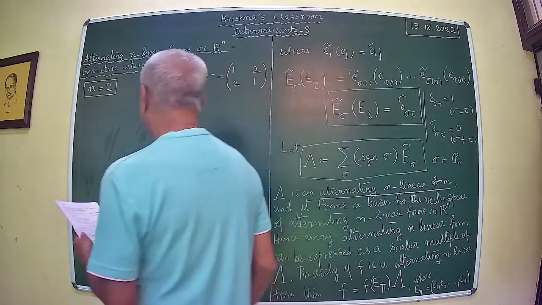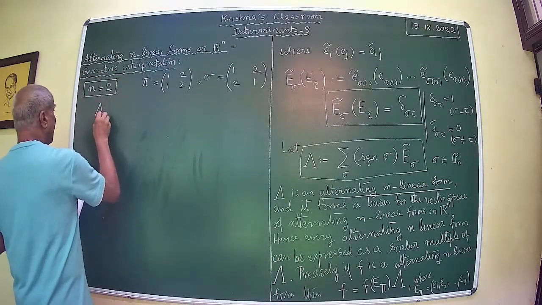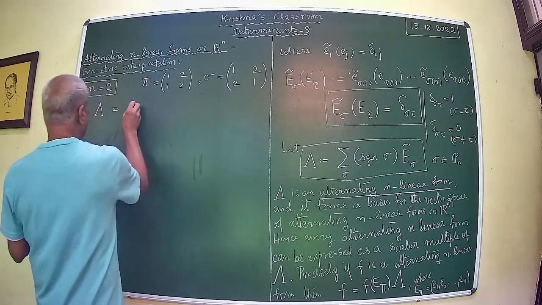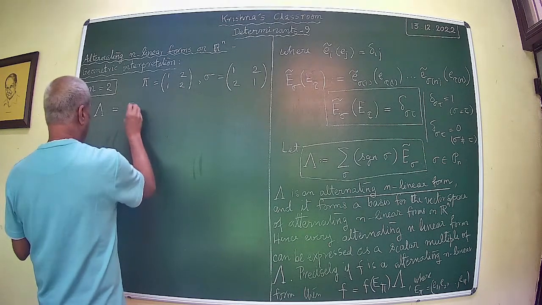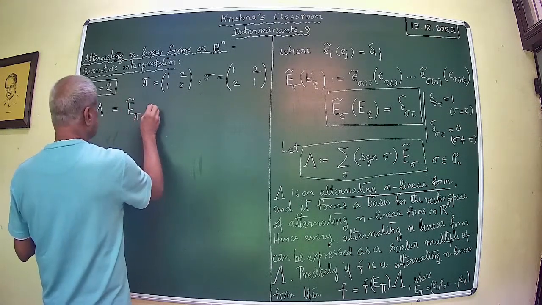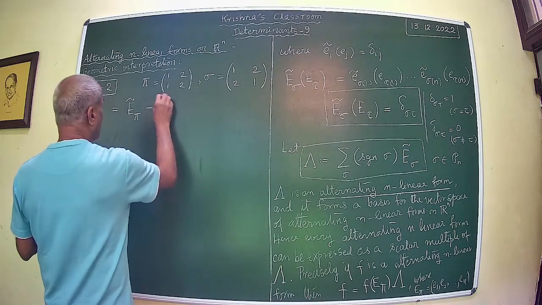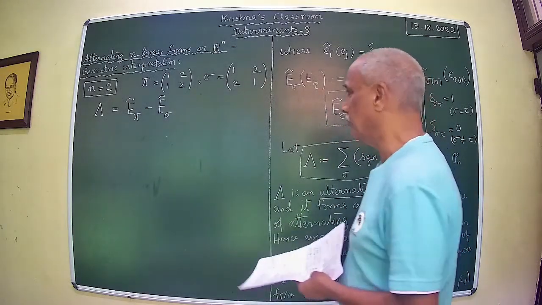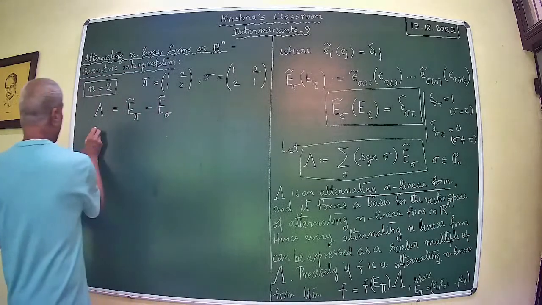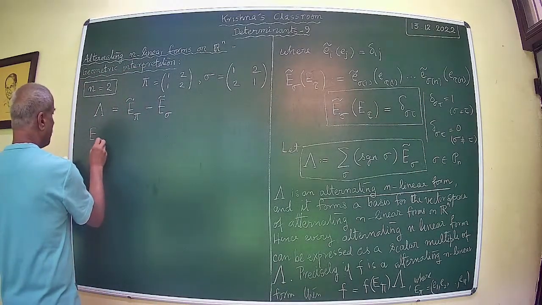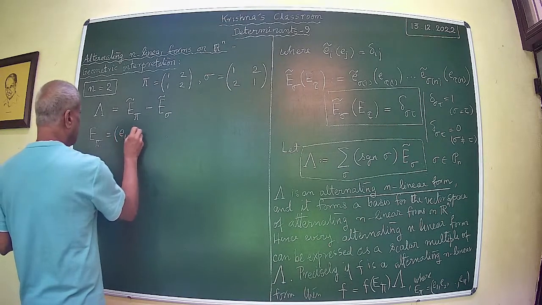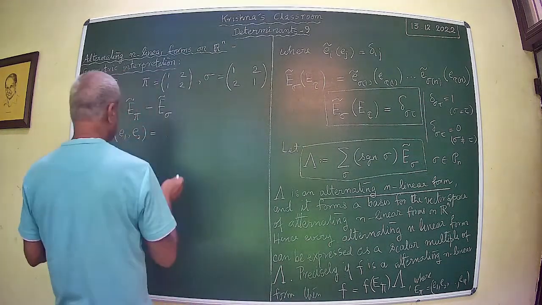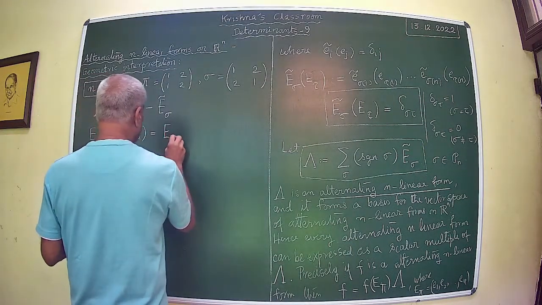Therefore, in this case, lambda is equal to E pi tilde minus, let me just, for convenience or more expressively, we shall write E pi, which is equal to E1, E2, which we write as E12.